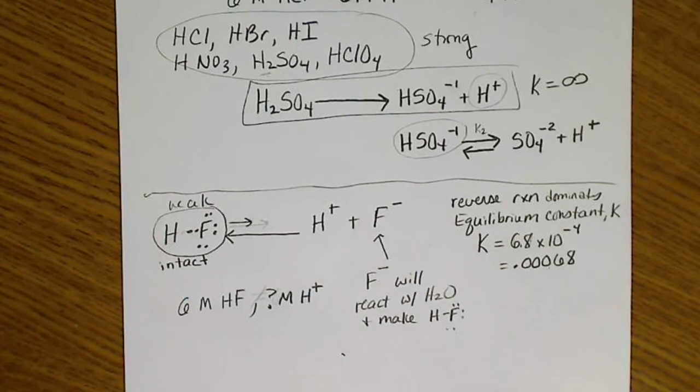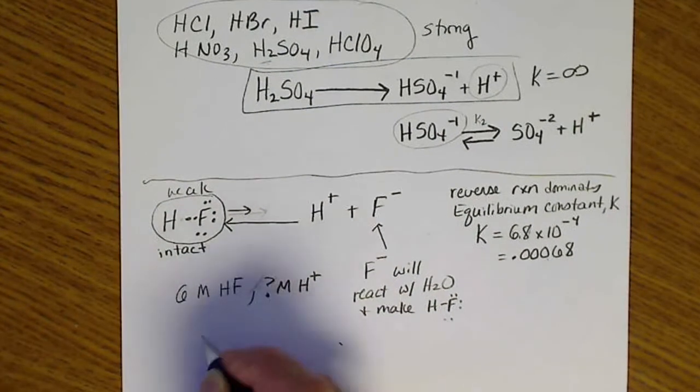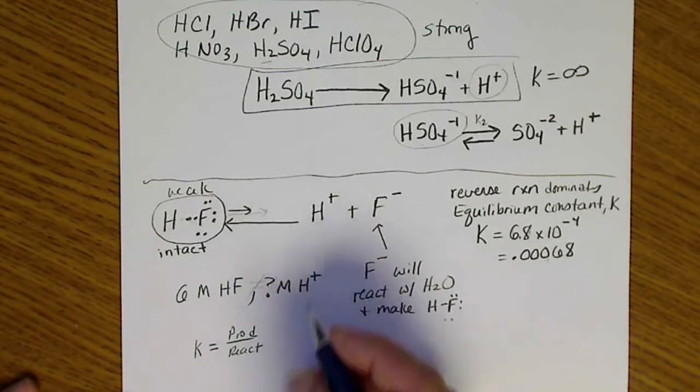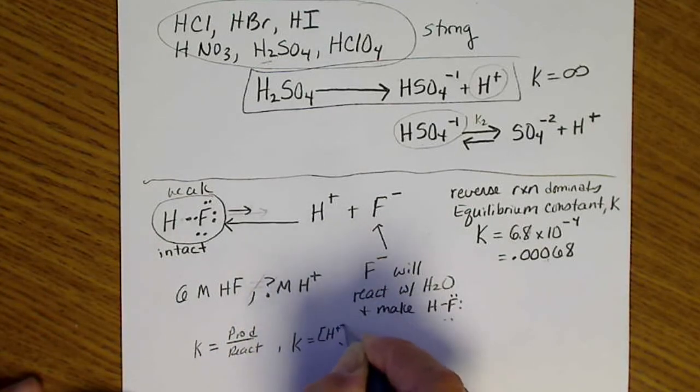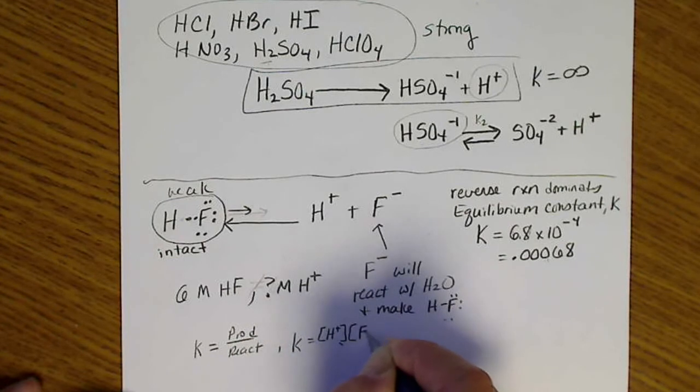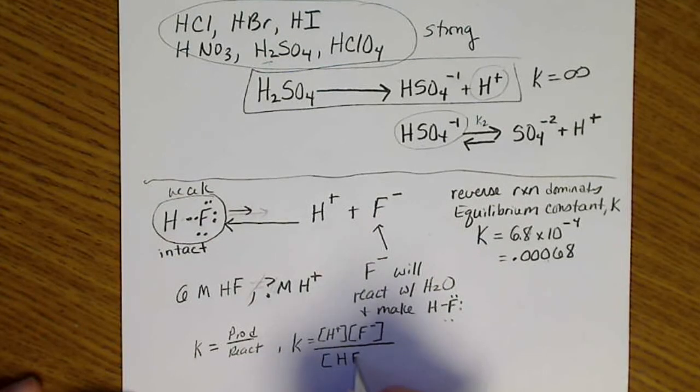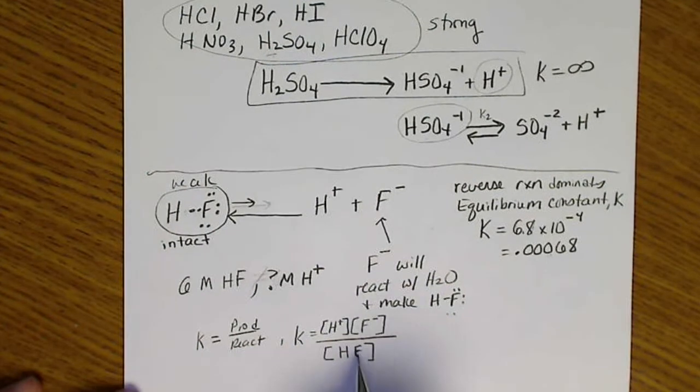So recall when we write an equilibrium expression, K is always products over reactants. So in this case, K is going to equal the concentration of H plus times the concentration of fluoride all over the concentration of the initial acid that we have.